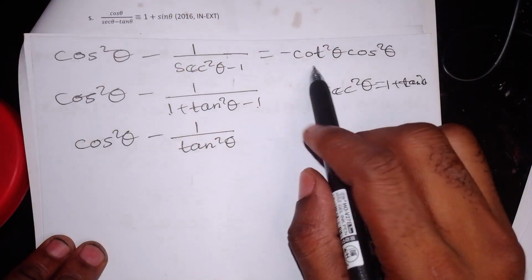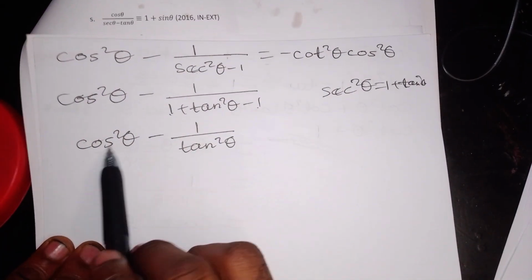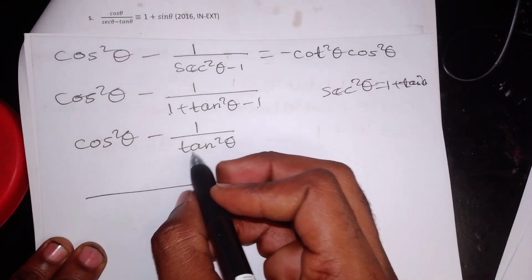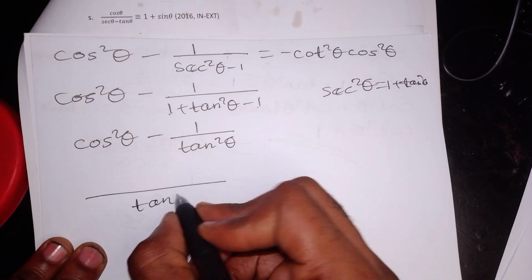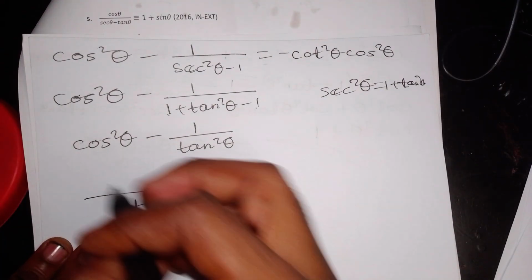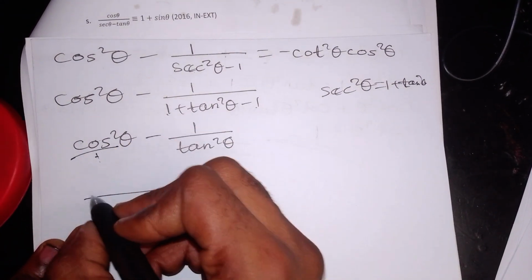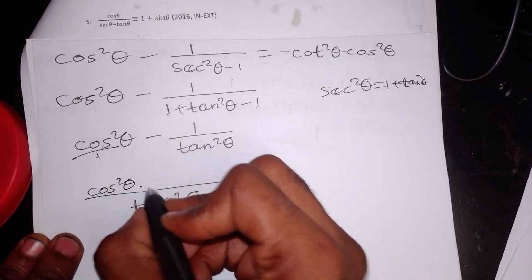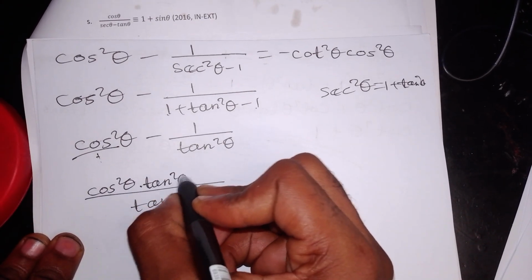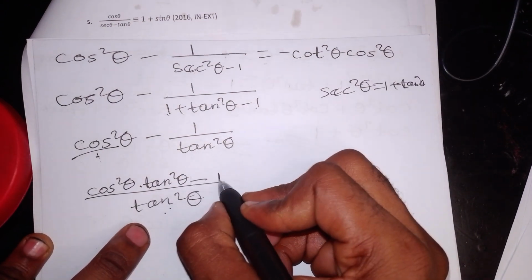And then since we only have one expression here, we can combine these two by finding the common denominator, which is tan squared theta, and then this into this, that's tan squared theta times that. We have cos squared theta multiplied by tan squared theta, then minus this into this, we have a 1.